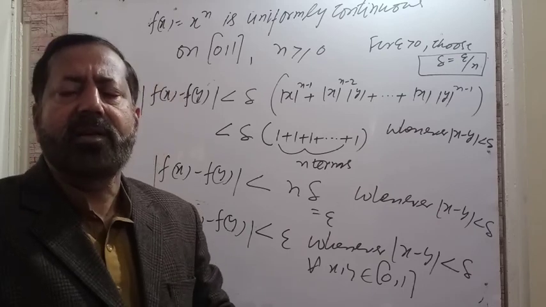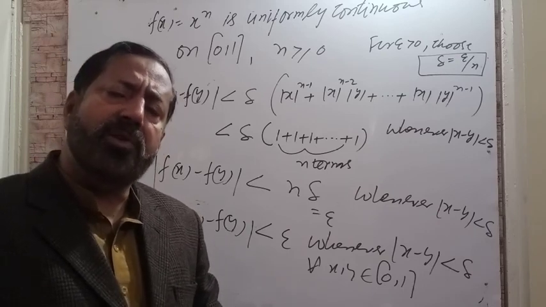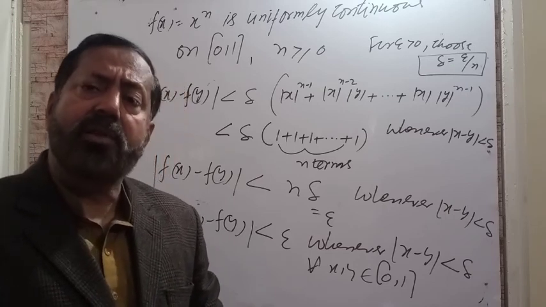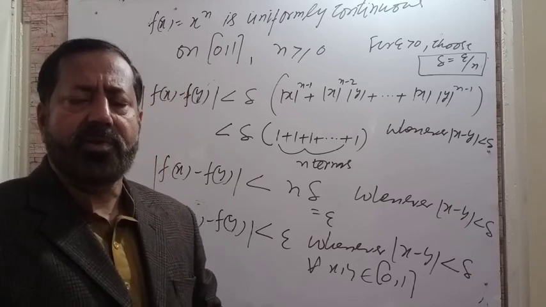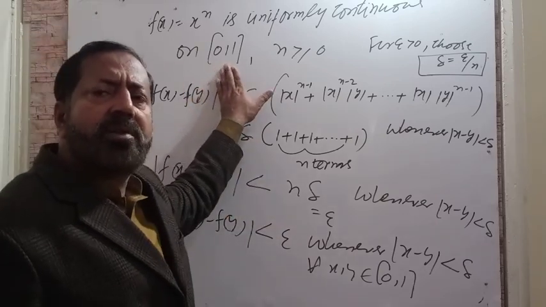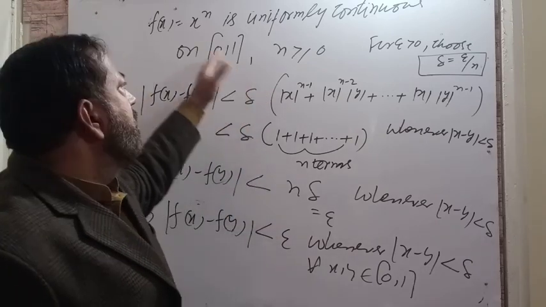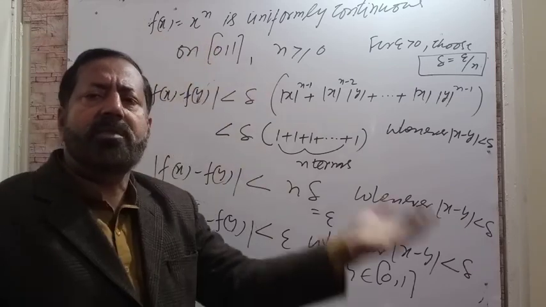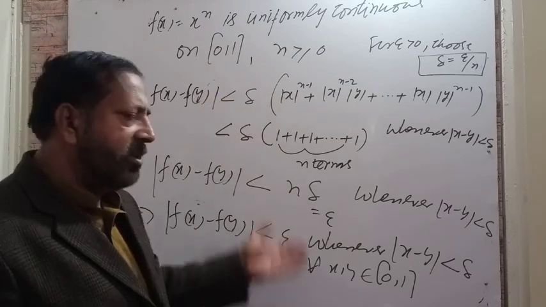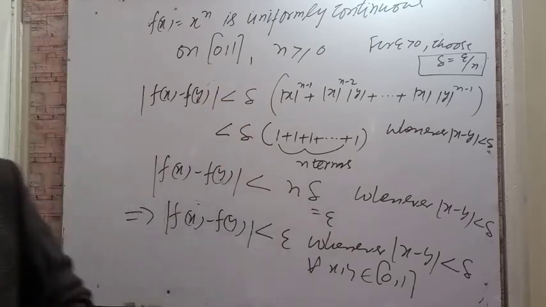And we have seen that if your function is continuous on a closed and bounded interval, then it would be uniformly continuous. Like all polynomial functions are continuous on this closed interval, so this polynomial function must be uniformly continuous, as I have shown through this example.